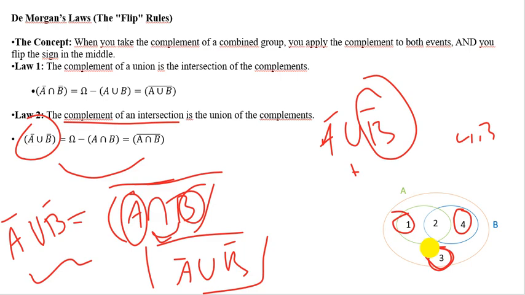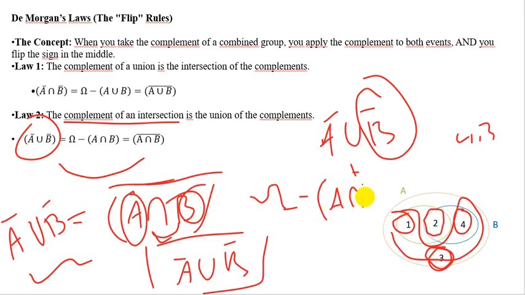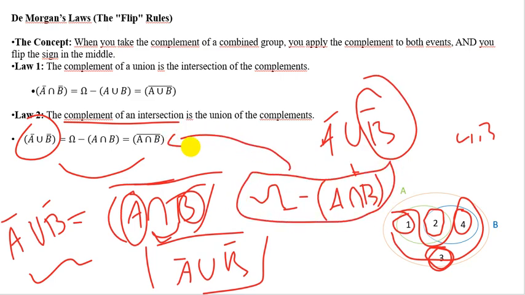And as we can see, 1 and 3 and 4 is our omega minus this one, which represents actually A inter B, and that's exactly the complement of A inter B. We know that the complement of A inter B is simply omega minus the intersection between A and B. So this is how we got this formula.